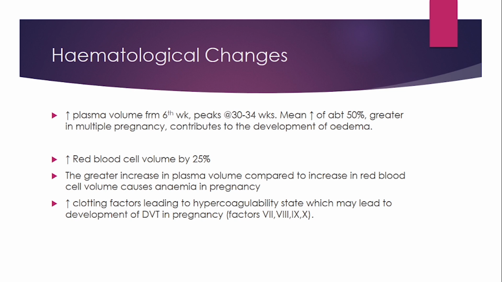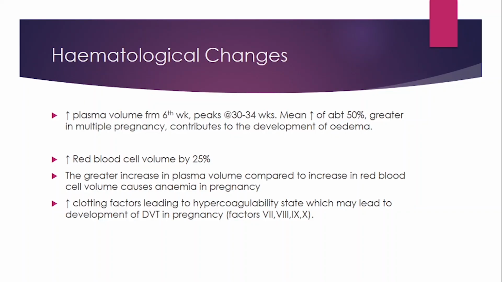There is also an increase in red blood cell volume by about 25%. The greater increase in plasma volume compared to increase in red blood cell volume causes anemia in pregnancy.